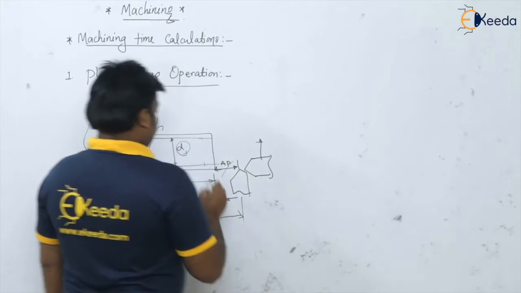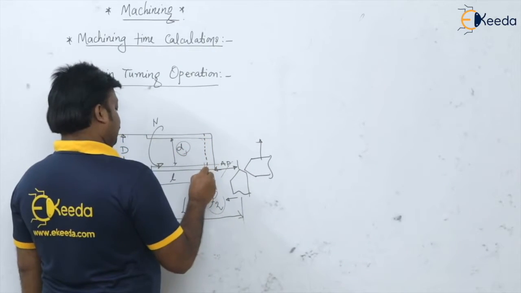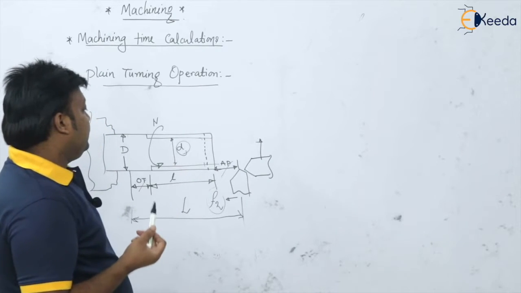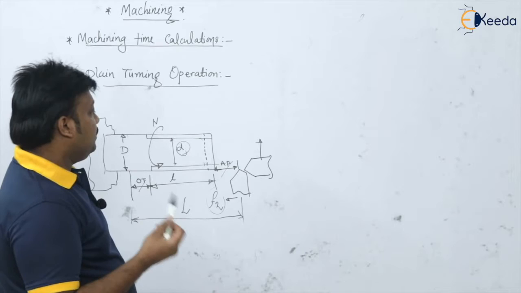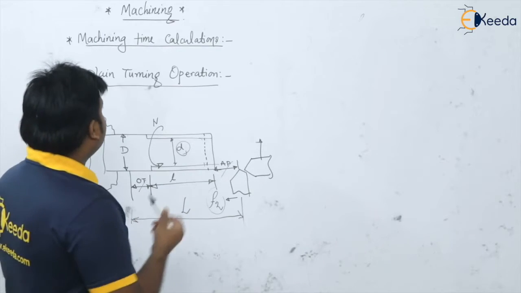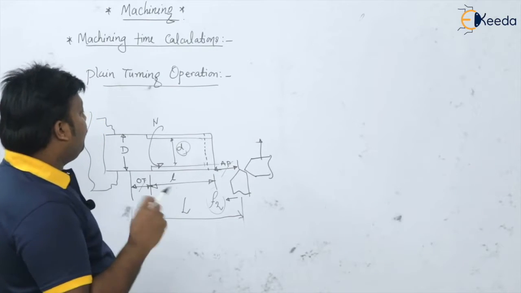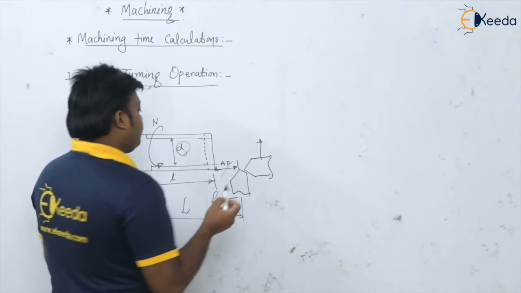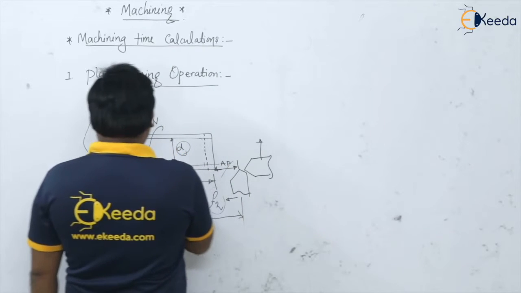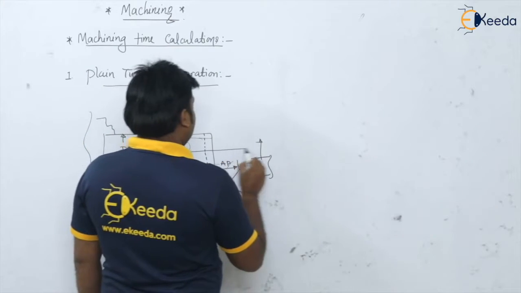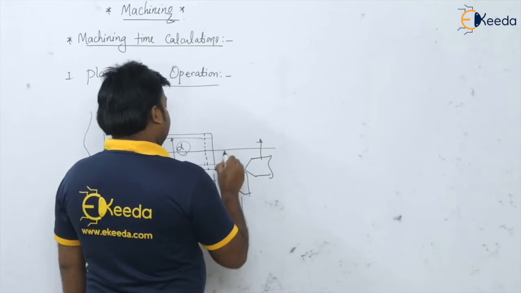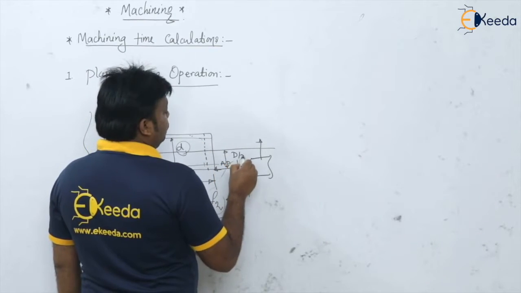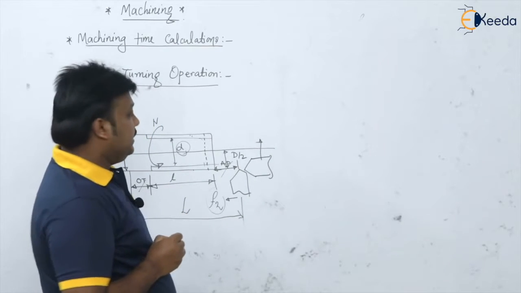The depth of cut is T1, and the width of chip is equal to the width of cut, which we have seen in the oblique to orthogonal cutting analysis. So here, the movement of the tool will be up to what? If D is the diameter of this cylindrical bar, then D by 2 is the tool movement.